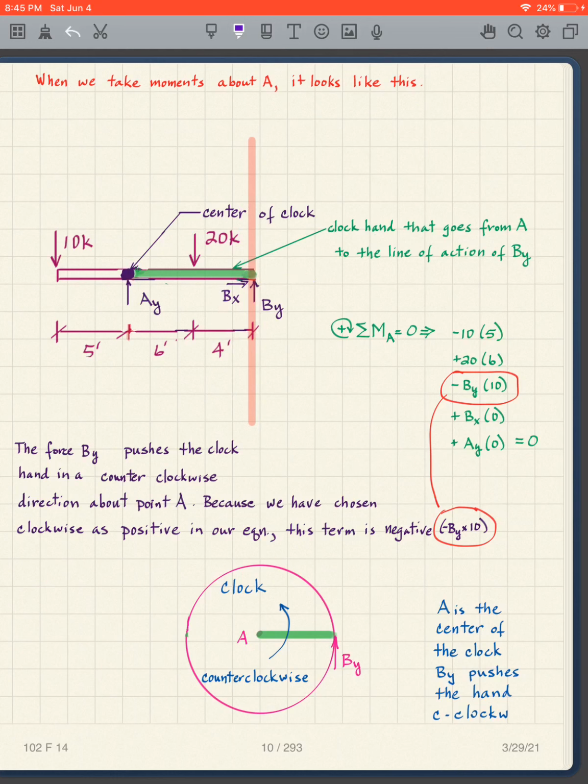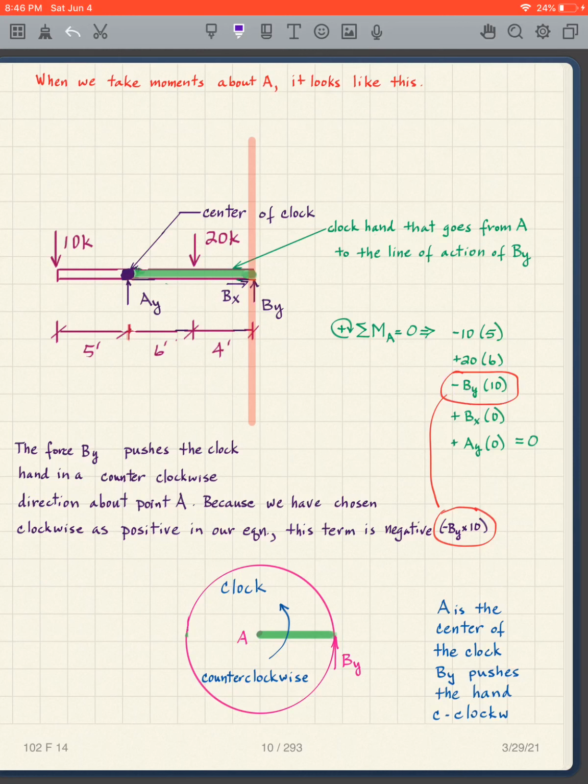So we have A at the center of the clock. There's our clock hand, and BY is going upward, which causes a counterclockwise rotation. So it's BY times 10, but negative because it's counterclockwise.